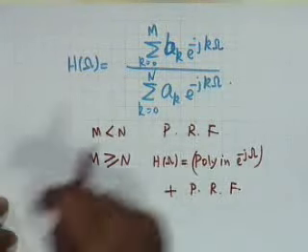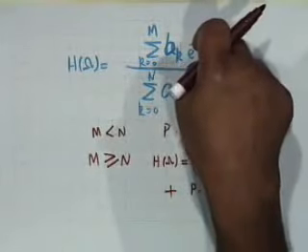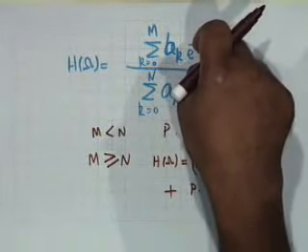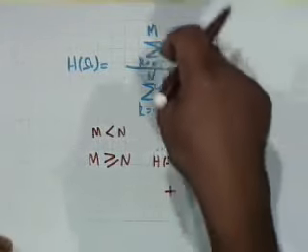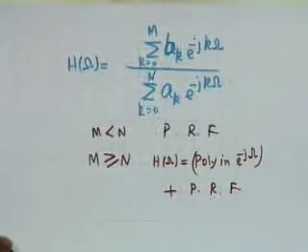You take out a constant, then the numerator degree shall be 1 less than the denominator degree. If the numerator degree is 2 greater than the denominator degree, then you shall take out a constant plus a term containing e to the minus j omega plus another term containing e to the minus j 2 omega, and then you shall get a proper rational function.